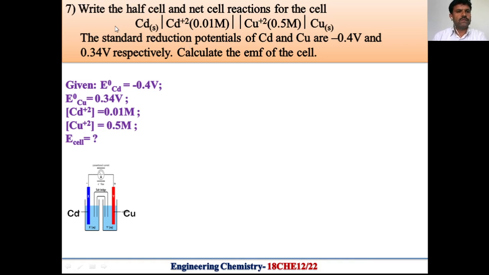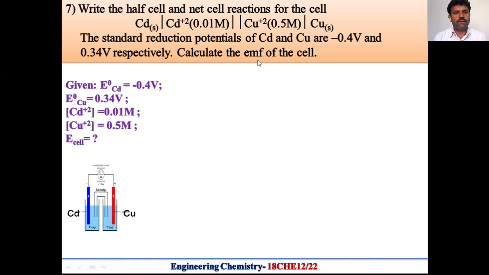Let's go through the 7th problem. Write the half cell and net cell reactions for the cell Cd | Cd2+ (0.01 molar) || Cu2+ (0.5 molar) | Cu. The standard reduction potentials of Cd and Cu are minus 0.4 volt and 0.34 volt respectively.